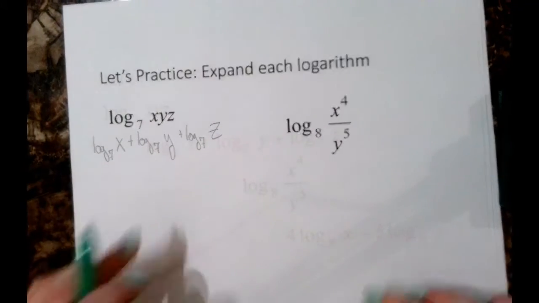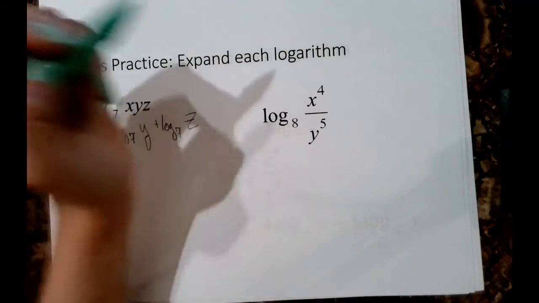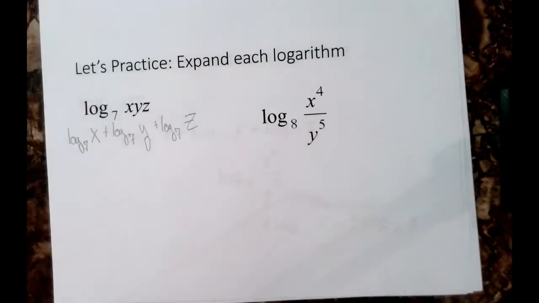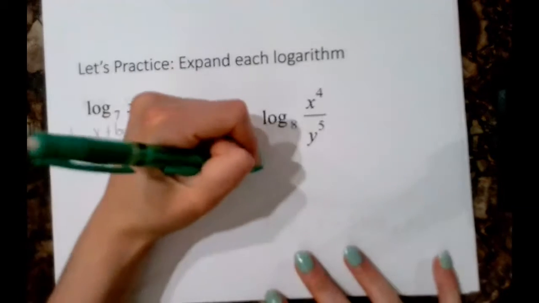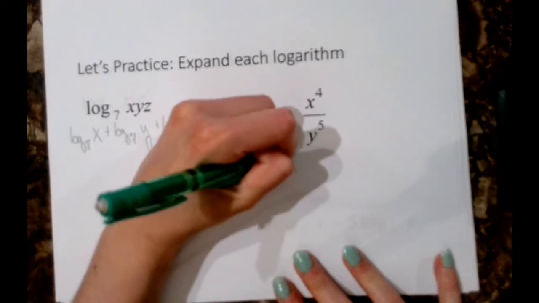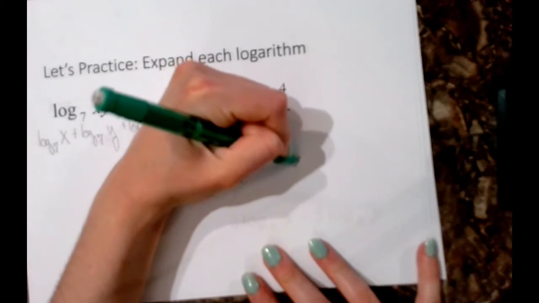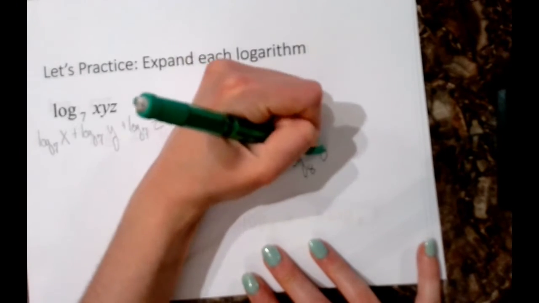Easy peasy. Okay, here now. We're dividing, so I know we can use subtraction to separate these out. I'm going to take log base 8 of x to the 4th power minus log base 8 of y to the 5th power.